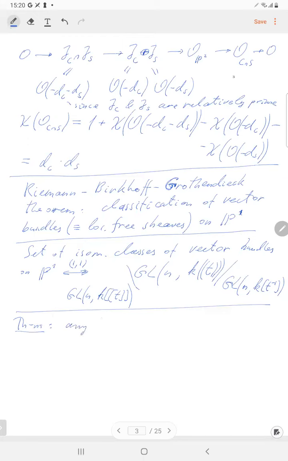Any vector bundle is just the direct sum of line bundles O_{P1}(d_i), and this sequence of d_i must be a uniquely defined signature, so to say.